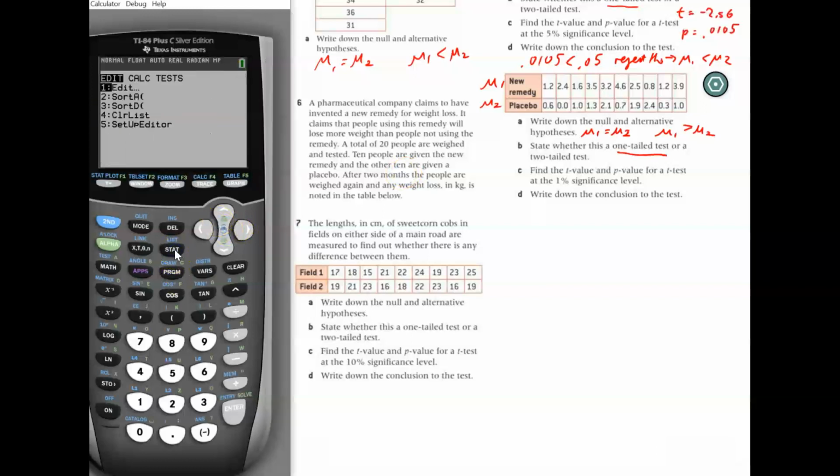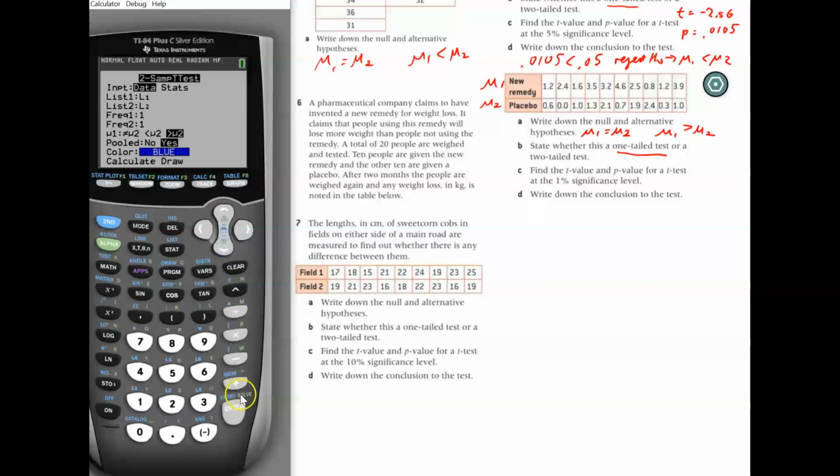We're going to do stat, test, and number 4, which is 2-sample t-test, data L1, L2, 1, 1, and then we're going to put mu1 is greater than mu2. Whoops. mu1 is greater than mu2.